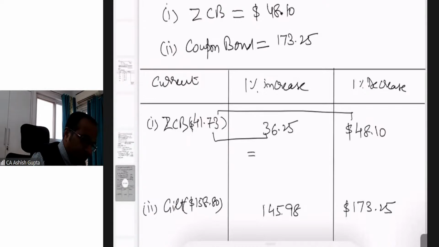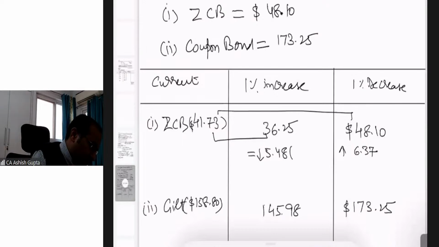In absolute terms, let us see what has been the change. There is a decrease of 5.48. Here the increase in value is by 6.37. In percentage form, we can compute the percentage.